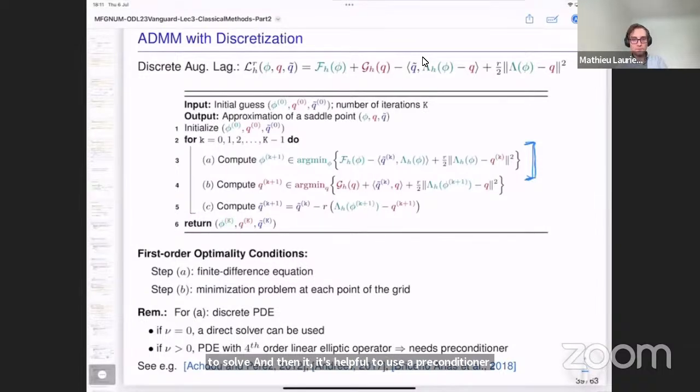And so here I give some references for that. When nu is equal to 0, then the equation is pretty straightforward to solve. So I am going to show some illustration with nu equal to 0. And later on, I will come back to this idea of preconditioning with another illustration.